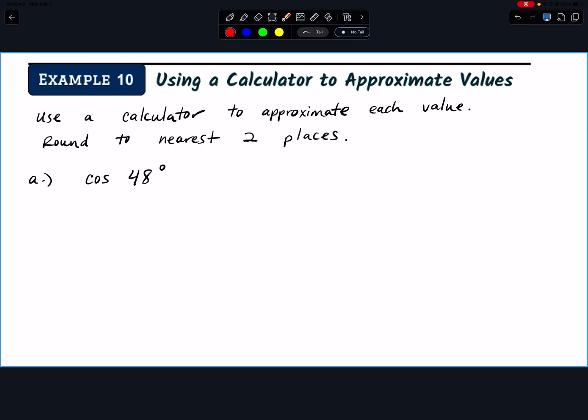So to make sure it's in degree mode, underneath the alpha button, oh no, just kidding. To the right of the second button, there's a button that says mode. Click on that, and then there should be one of the first options that says either radians or degrees. Make sure it's in degree mode for this problem.